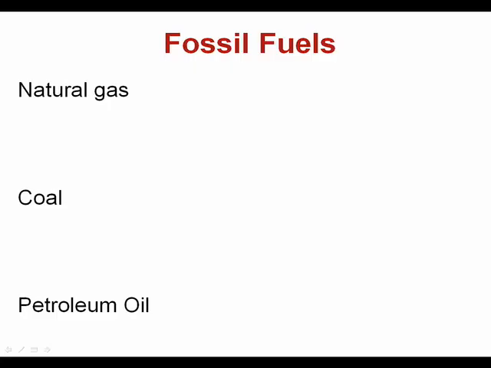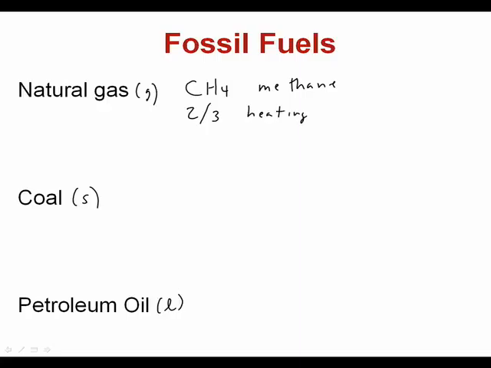Let us look at a few snippets of each, and then we'll look at them more closely. Like I say, natural gas, notice how they're all different states of matter. One is a gas. This is CH4, methane, the simplest organic species. It provides 2/3 of the heating of homes and businesses in the U.S. It is a useful source for generating electricity and powering cars and trucks.